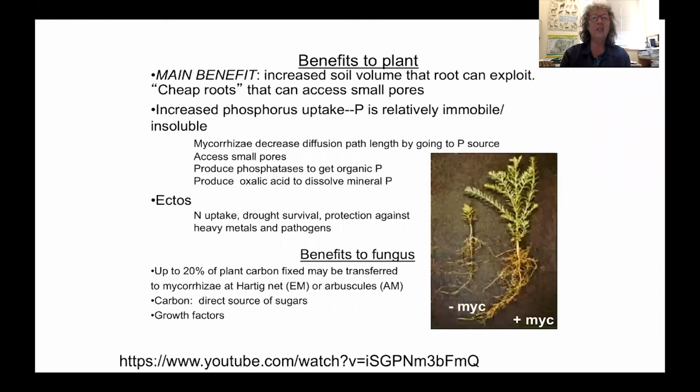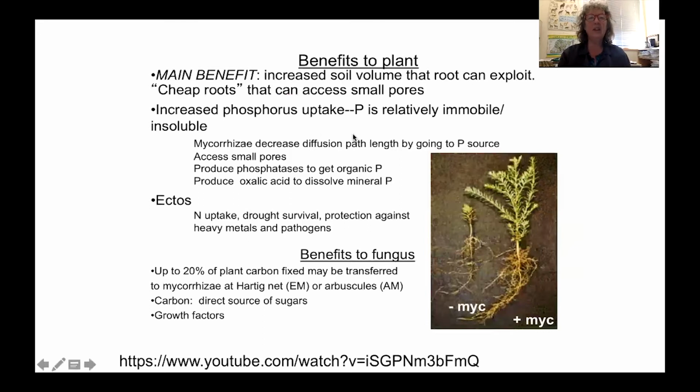And what do they do? The benefit to the plant is that it essentially increases the volume of the soil that the plant can exploit with its roots, by having these extensions of mycorrhizal fungi that are hooked up into the root hairs, that can go into small pores and translocate nutrients back into the plant roots.